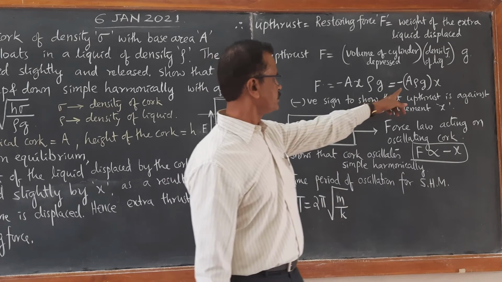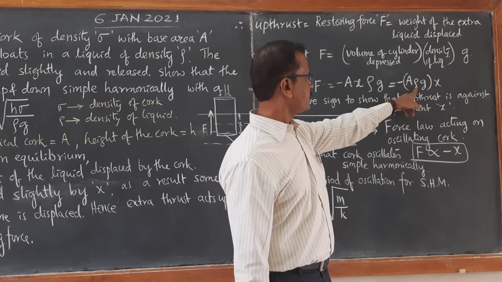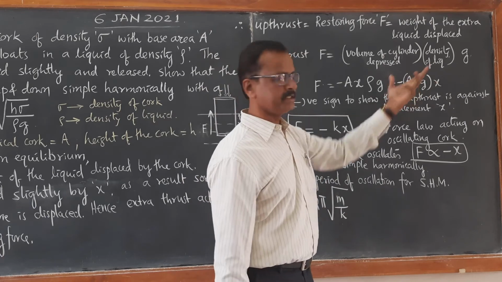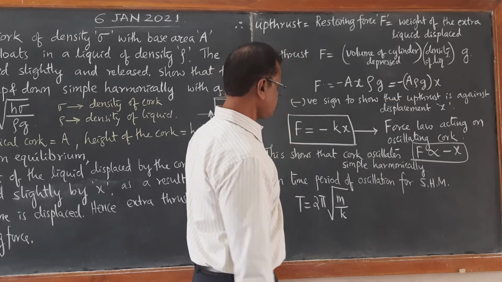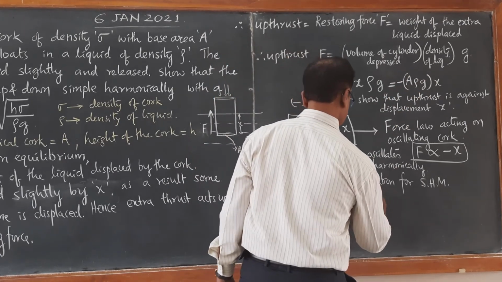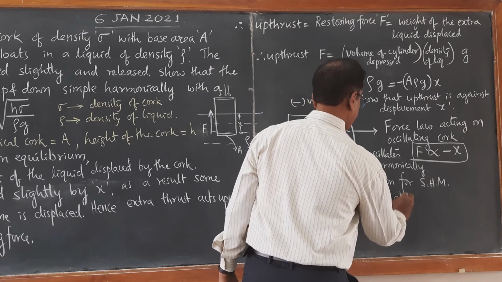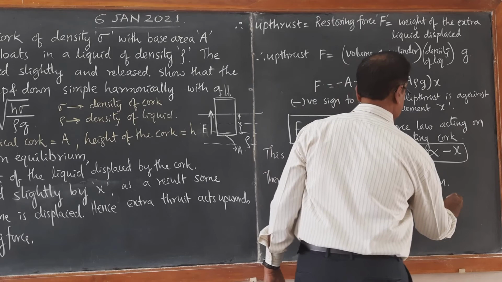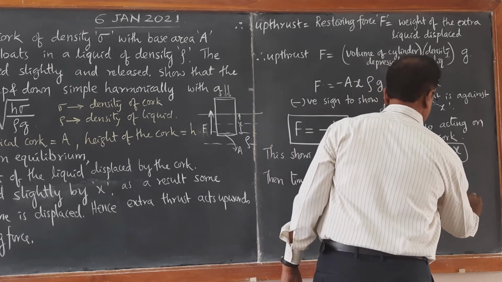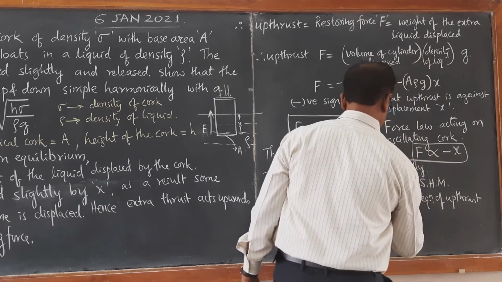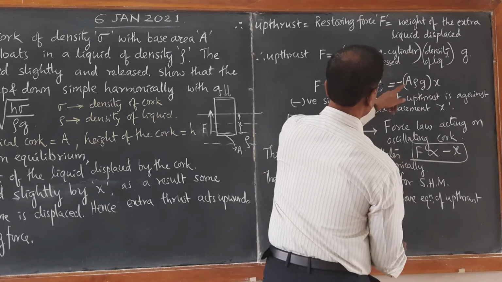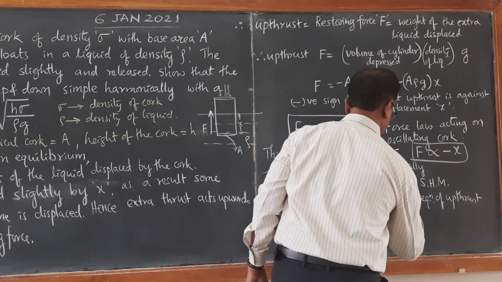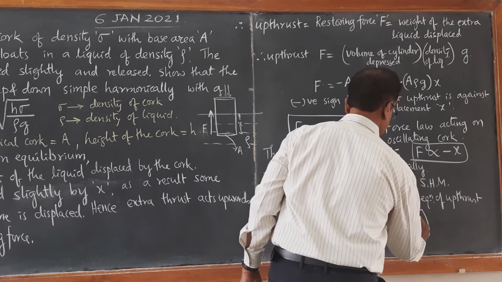The force constant, which we got here from the equation of upthrust, is K equal to A rho g. K is equal to A rho g, that's it.